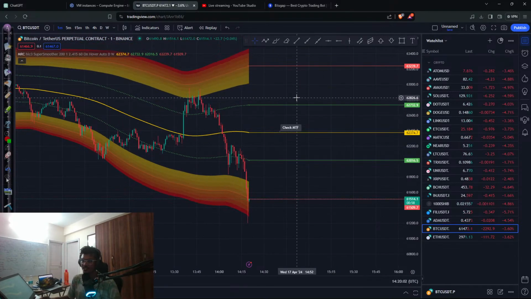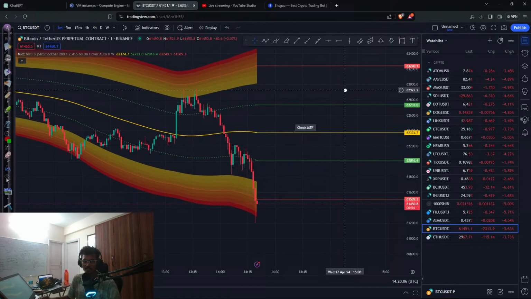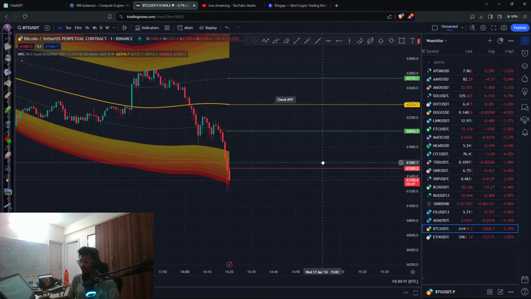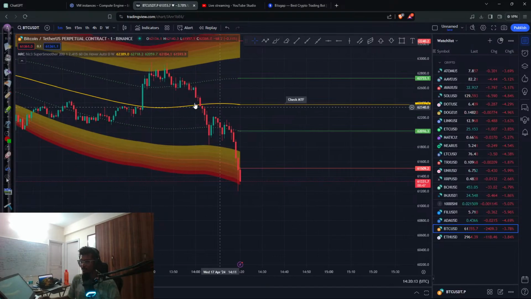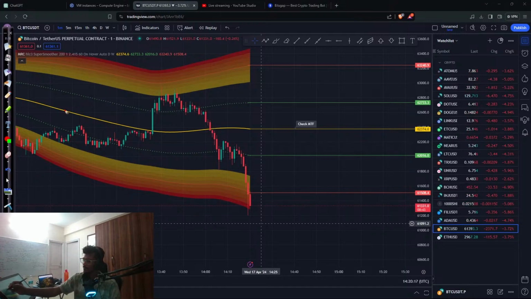So this indicator, you see, it's actually dynamic support and resistance. It gives us dynamic support and resistance. Even with this simple indicator that I'm going to teach you how to code in Python, it's in PineScript now, but when you code it in Python, it's really good. So, you know, it's going down.